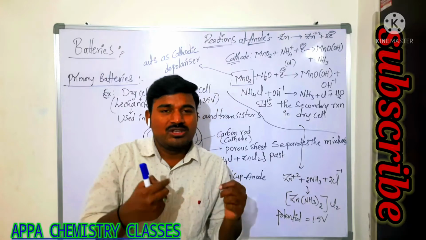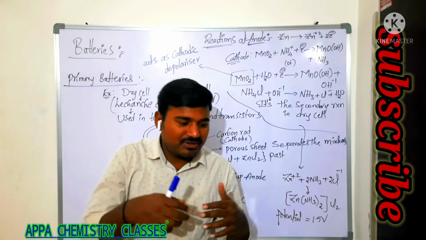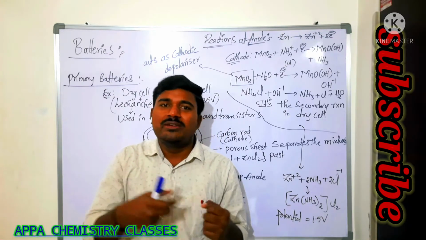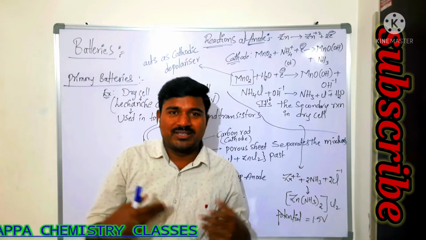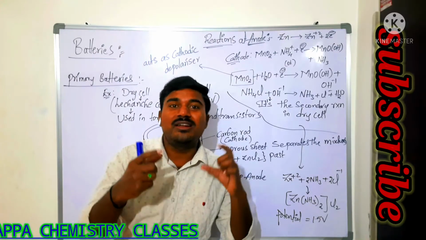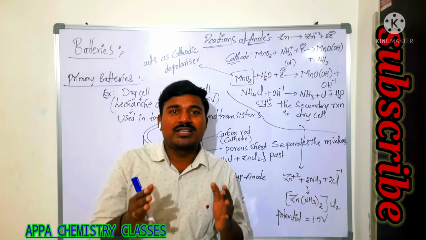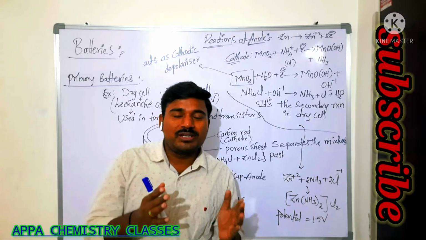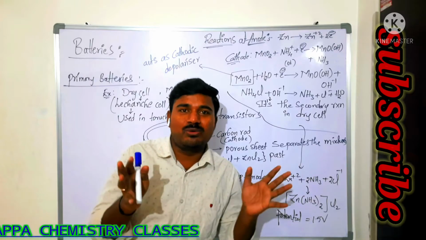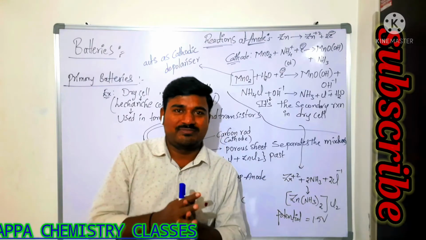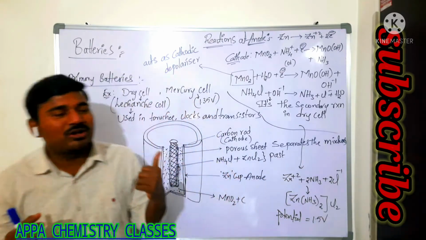If you had seen a torchlight not giving proper light, we change the batteries. Those come under primary batteries. Is that clear?